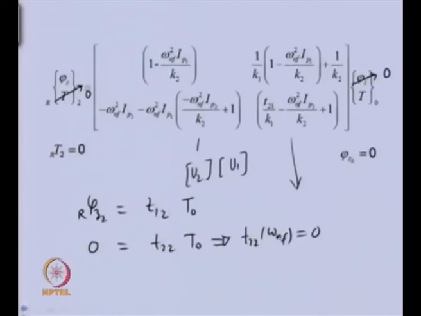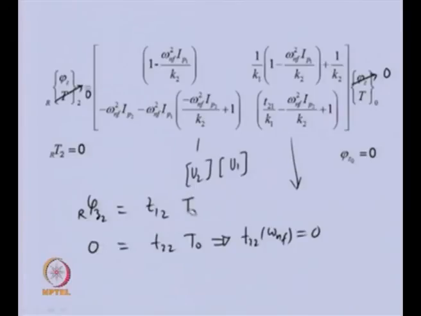For that, if we see, this is the equation from the overall transfer matrix which we did not use. If we go back and see, this particular equation we did not use. This was the frequency equation, and so this can be used to obtain this particular displacement.